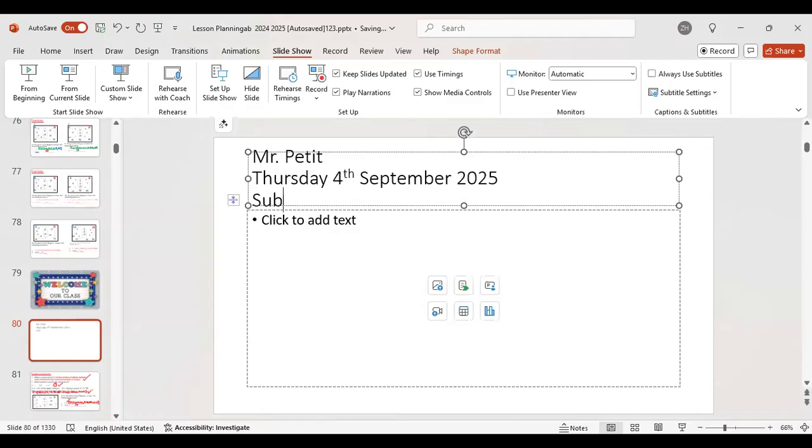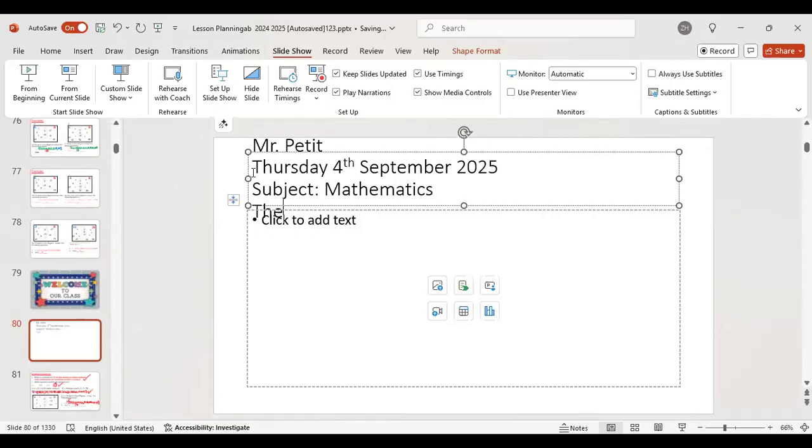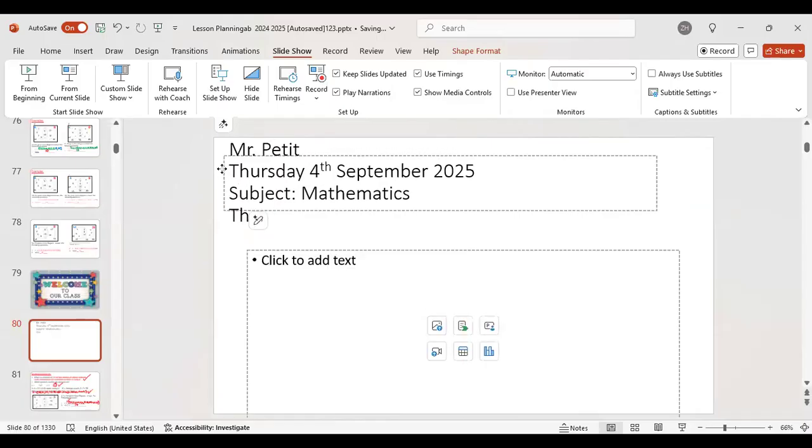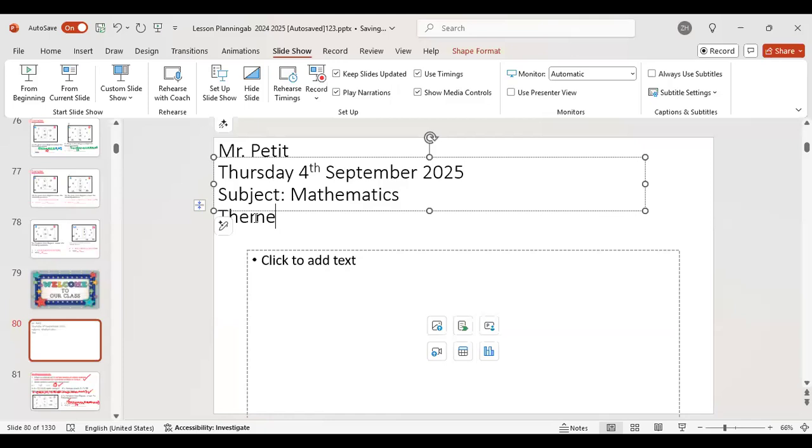The subject is, of course, mathematics. Today, obviously we know the theme. The theme is still set theory. So that's what we're looking at today.